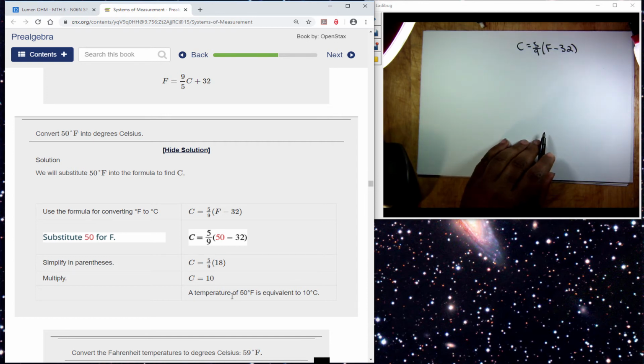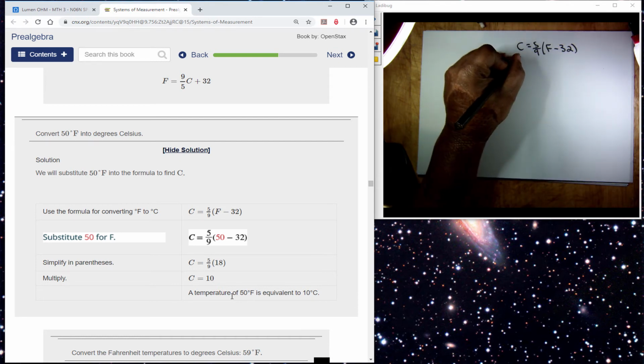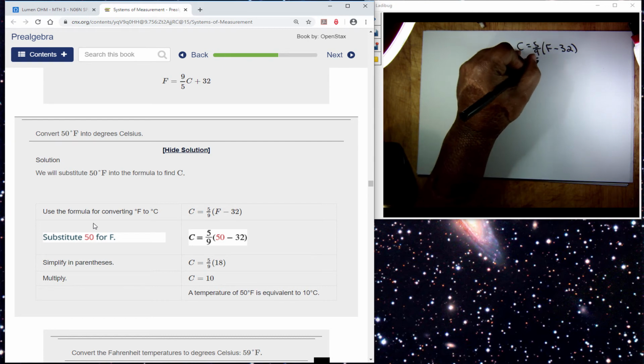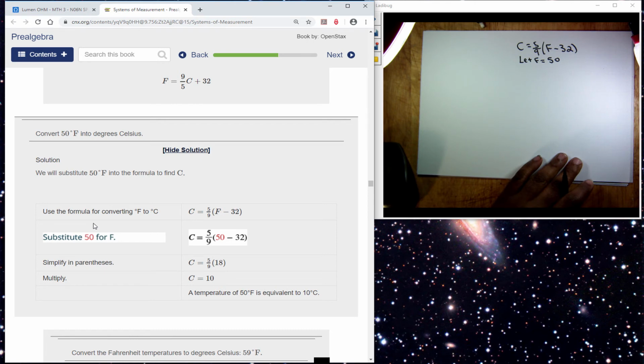The second thing is we assign values to our variables: F equal to 50.